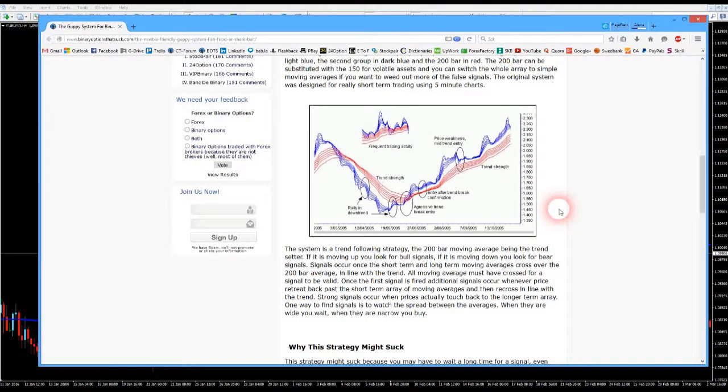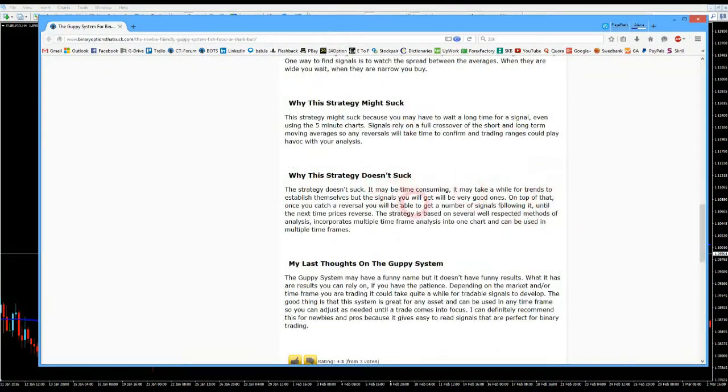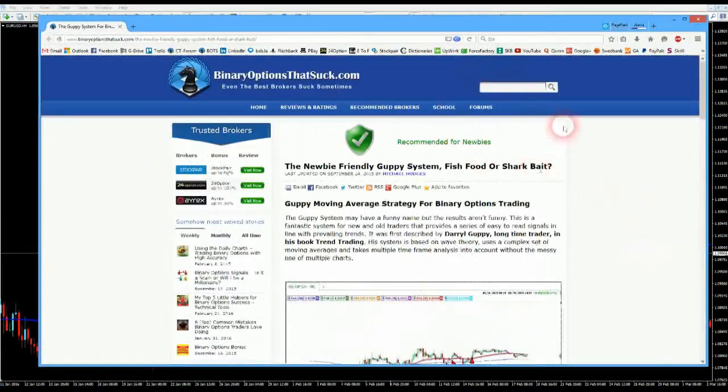So you can add another indicator if you like, for example, a stochastic oscillator or a relative strength index to get more confirmations. And you can try this on a demo account, see how the moving averages give you signals. Read this article and learn, and that's a good start.